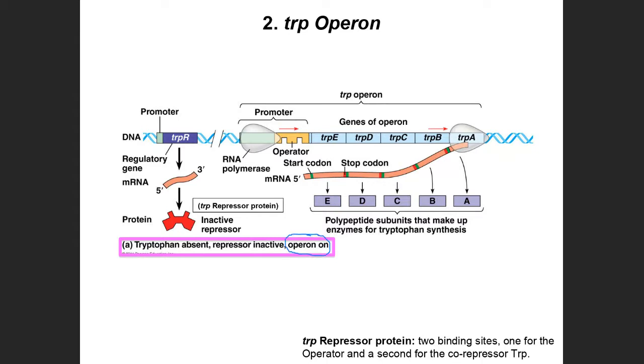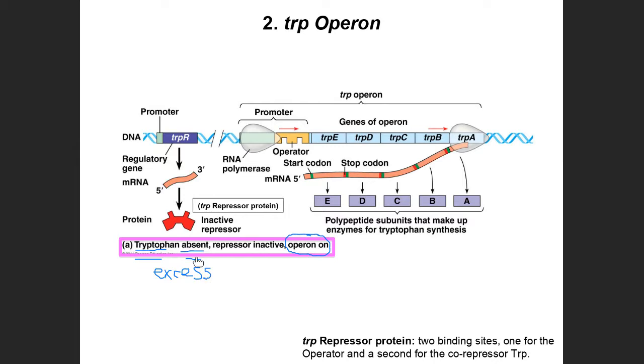It's turned on because there is not excess tryptophan available. I'm going to stress excess. It doesn't mean there isn't any tryptophan, it's just there's no excess tryptophan. Whatever tryptophan is present is being used by the cell to make polypeptides.